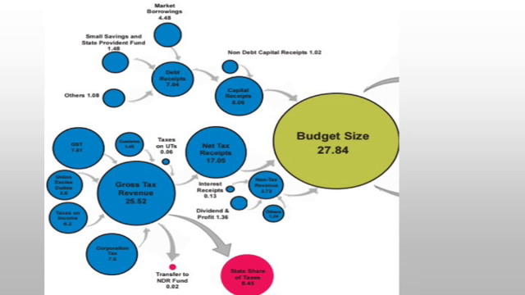I hope you can see the big round budget size, 27.84. All these figures are in lakh crores. And out of this, the gross tax revenue is a big figure, 25.52 lakh crores.